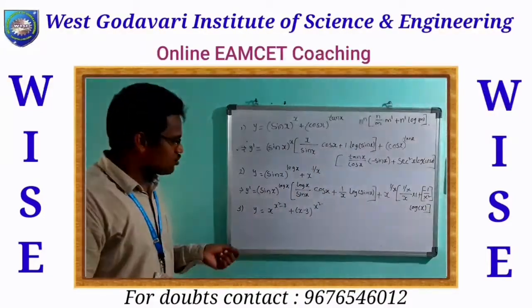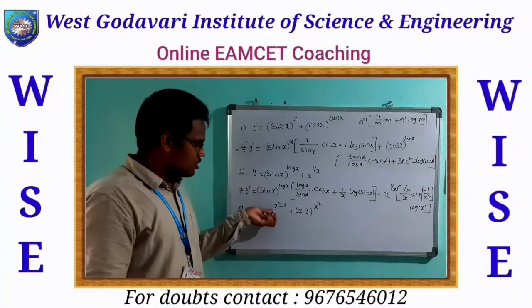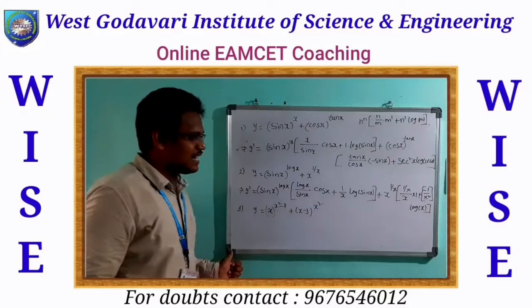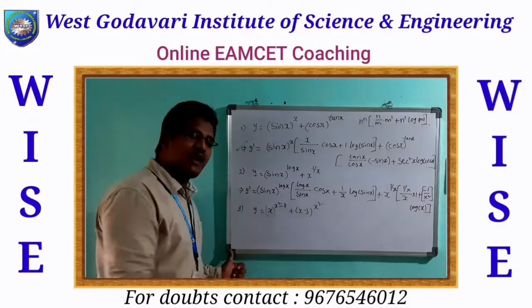Now see another question. y is equal to x to the power of x square minus 3 plus x minus 3 whole to the power of x square.